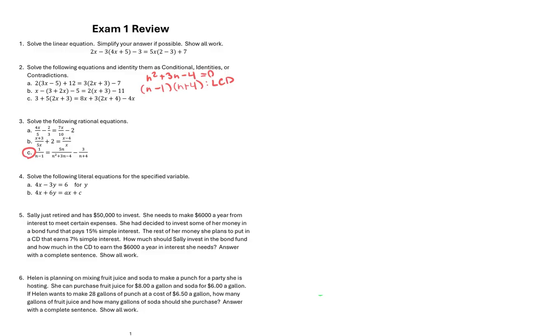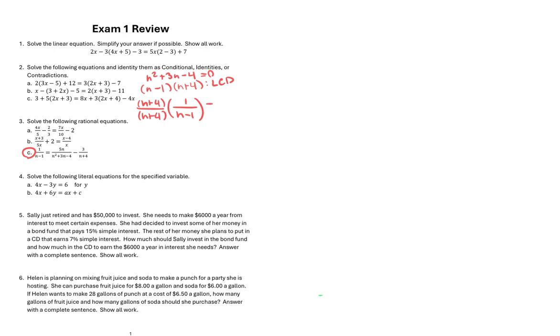So I need to multiply by an n plus 4 in the denominator, but also by an n plus 4 in the numerator so that I don't change the value of my expression. So what would that look like? I would have n plus 4 over n plus 4 times 1 over n minus 1, excuse me.